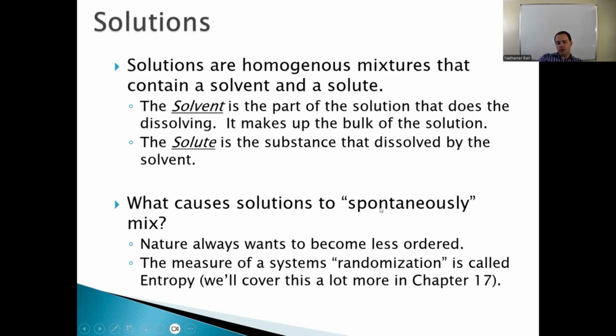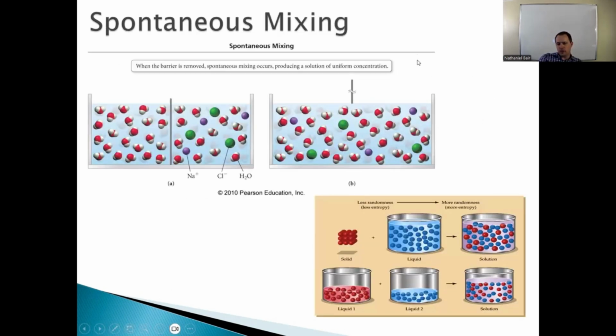Well, it happens through a process called spontaneous mixing, which will make a little more sense when we get to the thermo unit. But essentially, three things need to take place when you dissolve something. A solution, by the way, will spontaneously on its own over time fill itself out to become a uniform consistency.